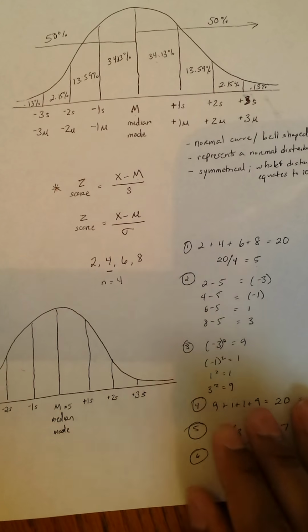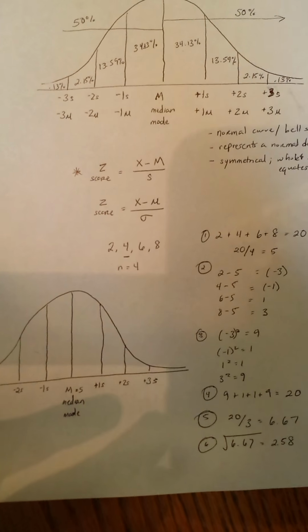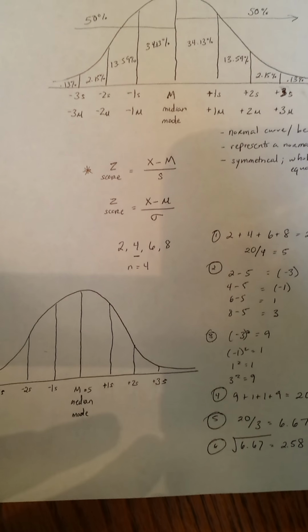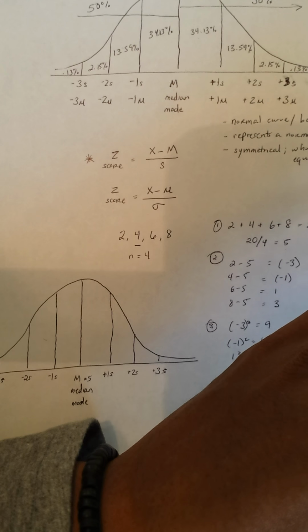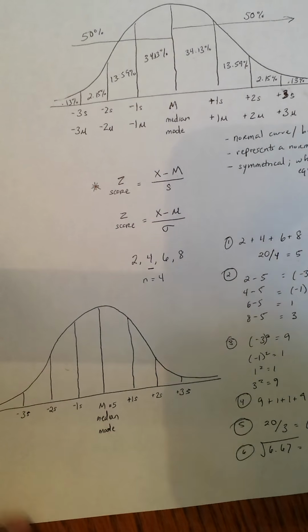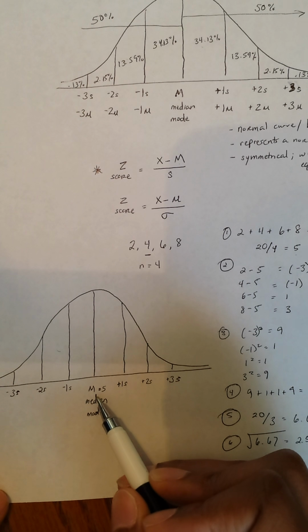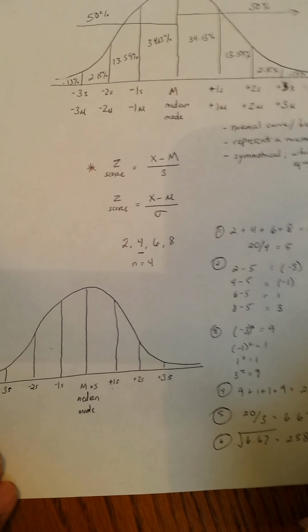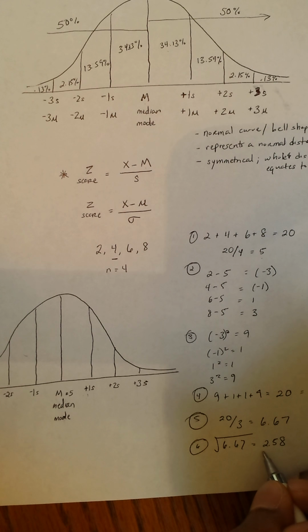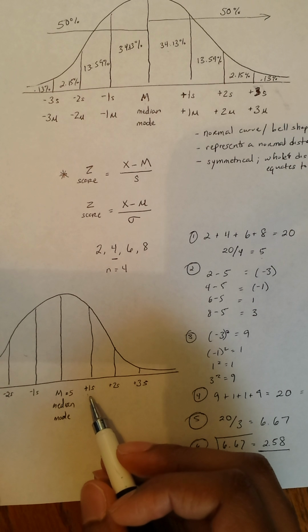Okay, so we know our mean in the center is 5, right? And if we go plus 1 standard deviation above the mean, that means we're taking our standard deviation of 2.58 and we're adding it on to that mean, okay?